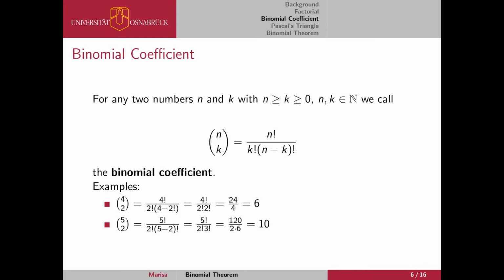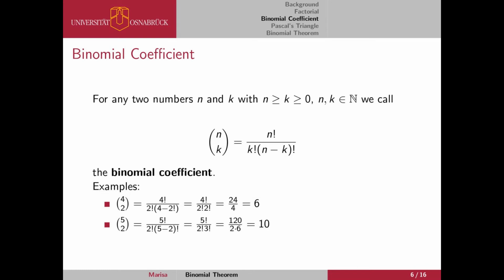Now we can calculate the result easily. 4 factorial is 4 times 3 times 2 times 1, which is 24 in total. 2 factorial is 2 times 1, so 2. This means the fraction can be reformulated as 24 divided by 2 times 2, which is 4, and we will end up with 6 as the result of 4 over 2.